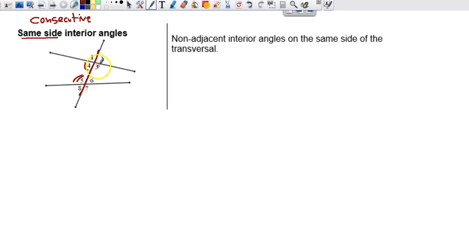So like 4 and 5 and 3 and 6. By extension, you could also say angle 1 and angle 8 would be same side exterior angles, and 2 and 7 would also be same side exterior.